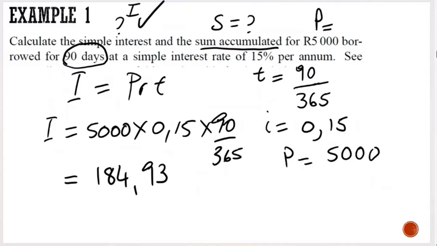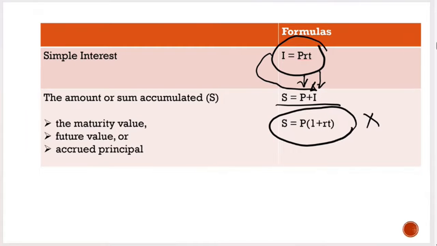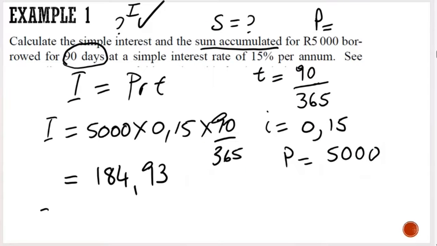So the sum accumulated would be, where am I? I need to get my formulas. So the sum accumulated is equal to P plus I. That is your sum accumulated.